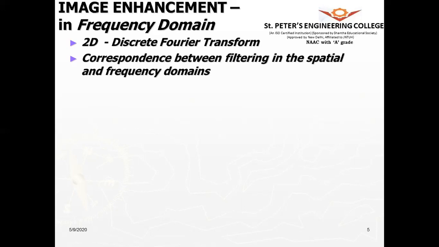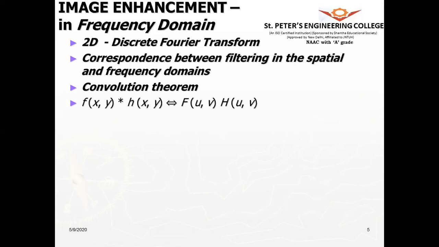There is a correspondence between filtering in the spatial as well as in the frequency domain. How? We know that the convolution theorem helps us. We know that convolution in one domain is multiplication in the other domain. So if we perform convolution in the spatial domain, we multiply the Fourier transforms in the frequency domain.